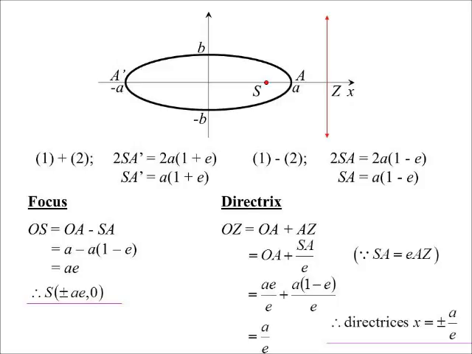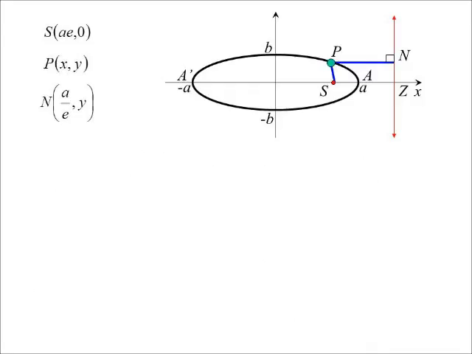So subbing that in, I get a rather neat A divided by E. So it becomes nice and neat to remember. Focus is A times the eccentricity, directrix is A divided by the eccentricity. And we're talking about lines, so that would be x equals plus or minus that.